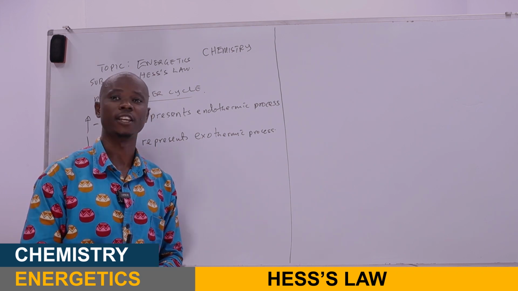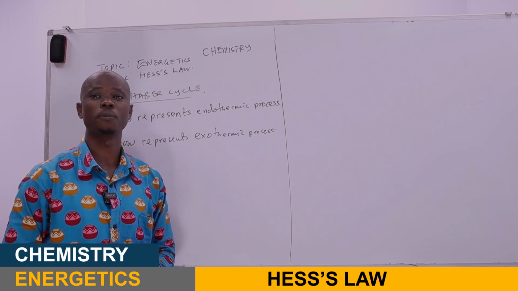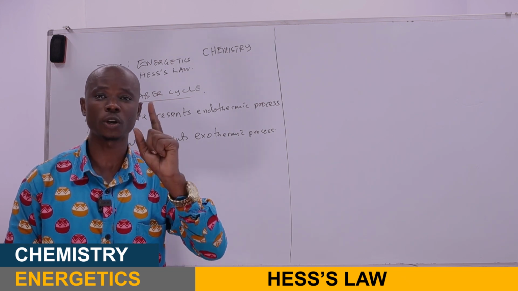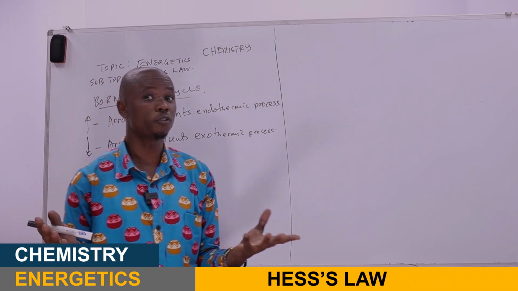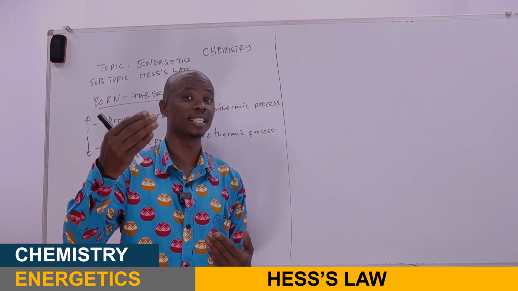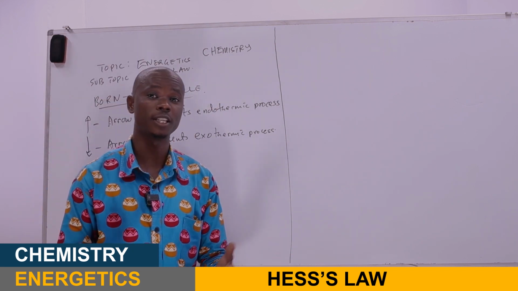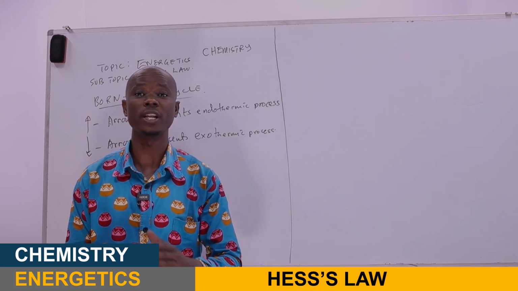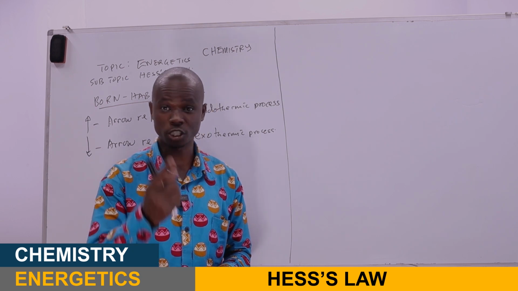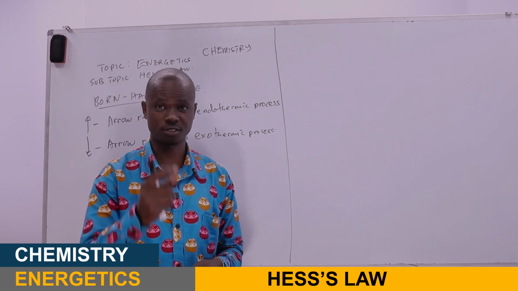The first thing, before you think to draw the Born-Haber cycle, you have to know how to write the chemical formula. The chemical formula is a very simple one because you have studied it in ordinary level, in Form 2, in the topic of chemical formula, bonding and nomenclature. So I'm sure that that is not a problem. Is it true, my dear students? Yes.